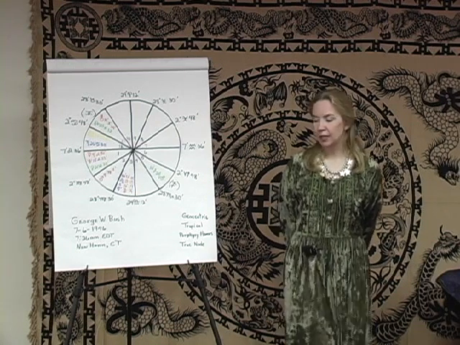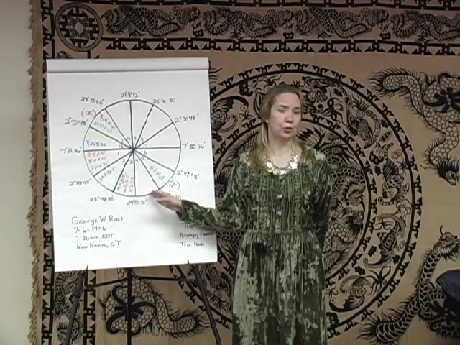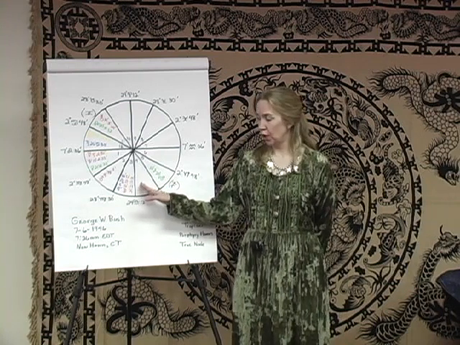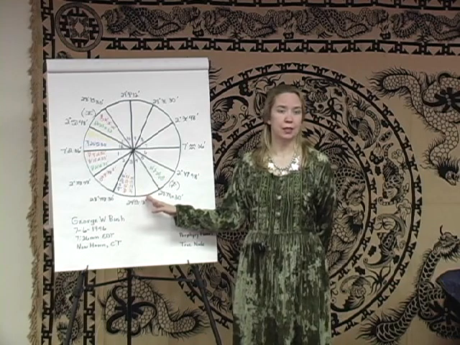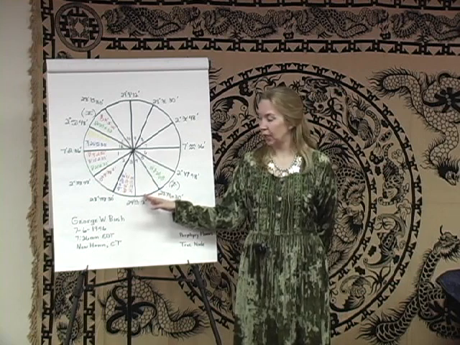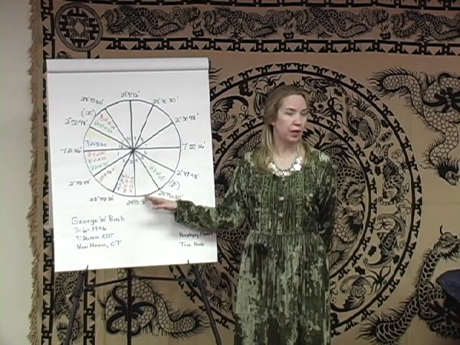Okay? For instance, I can think of a client of mine recently who had Pluto conjunct the north node in the 4th house. And so there was a whole bunch of emotional lessons that they've come in to learn, and they're supposed to keep growing in that direction of learning those emotional lessons via that 4th house.